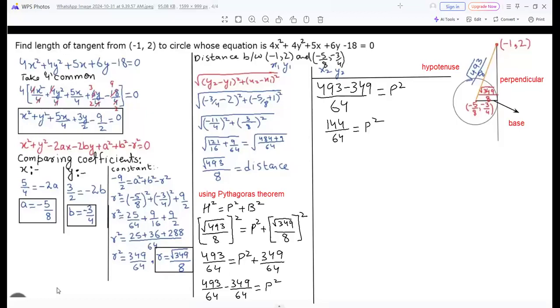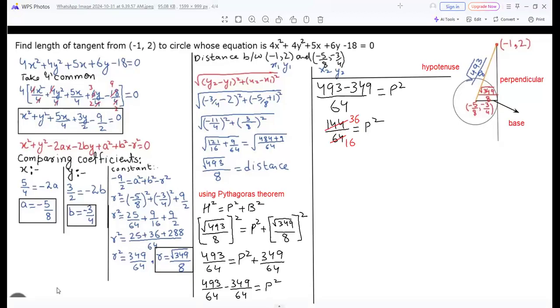So now simplifying it further, 4 4s are 16, and this will become 4 2s are 8, 4 3s are 12, and then it is going to be, okay, it is coming 36, right?